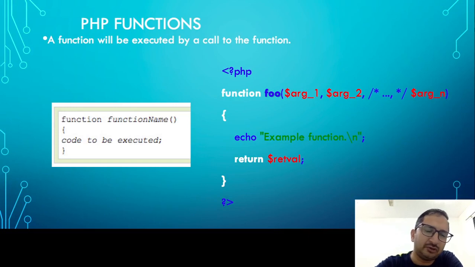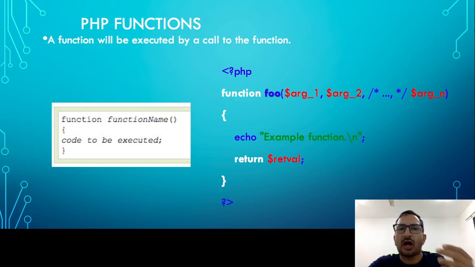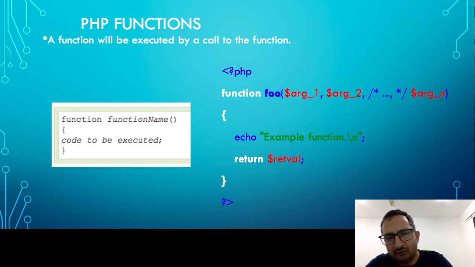So here we have the syntax to create a function. We have the syntax as function, function name, followed by the code. If we have more than one line of code, we will be using braces. In this example, we have created a function foo. The syntax is function foo, then we have the arguments $argument1, $argument2 till $argumentN.